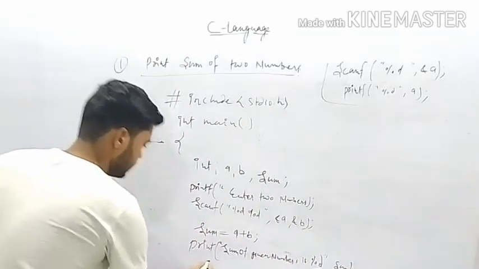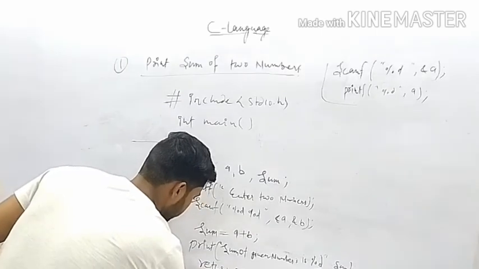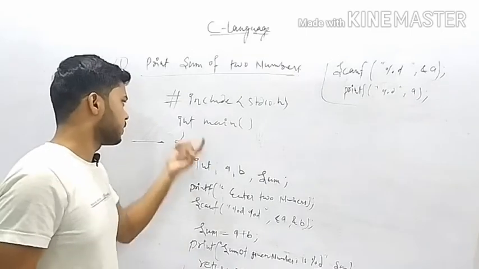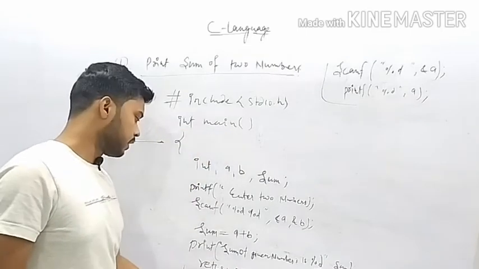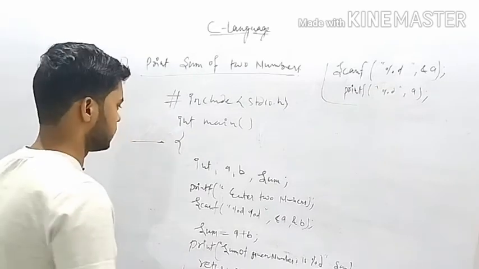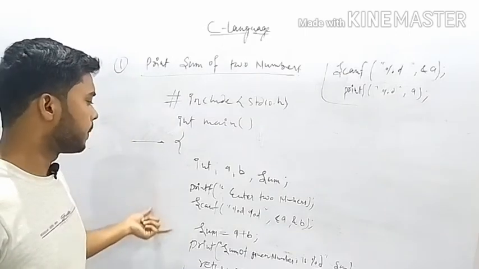Then return 0, and we close our main function. We have to return 0 because we have taken int main. If we had taken void main, we would not need to return anything. So this is our program for printing the sum of two numbers.